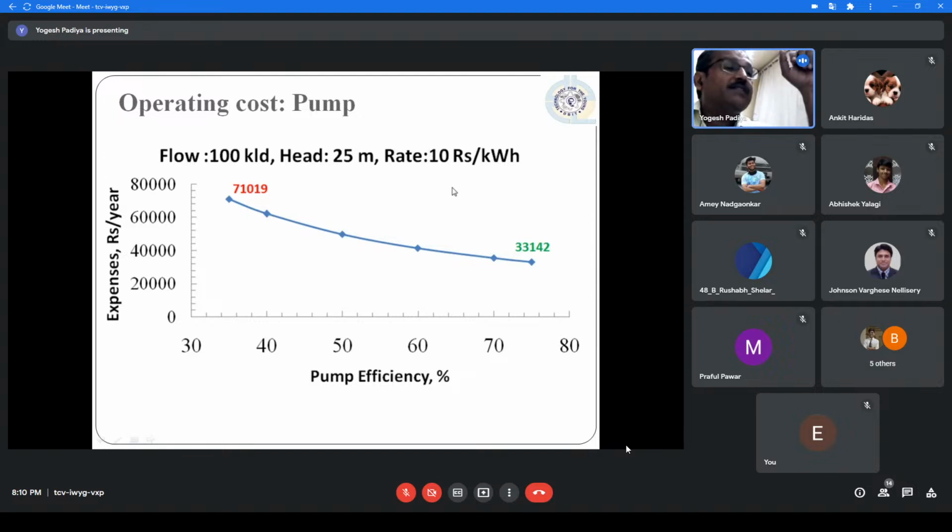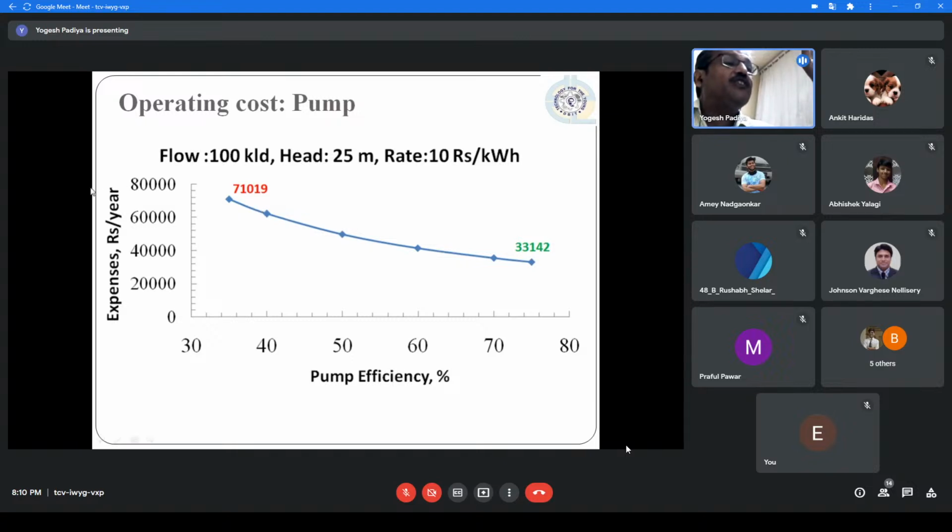In that case, if you have chosen a pump having 35% efficiency rather than 75% efficiency, then per year your light bill will increase from 33,000 to 71,000 rupees. It means that in total you are paying 40,000 rupees per year in excess.